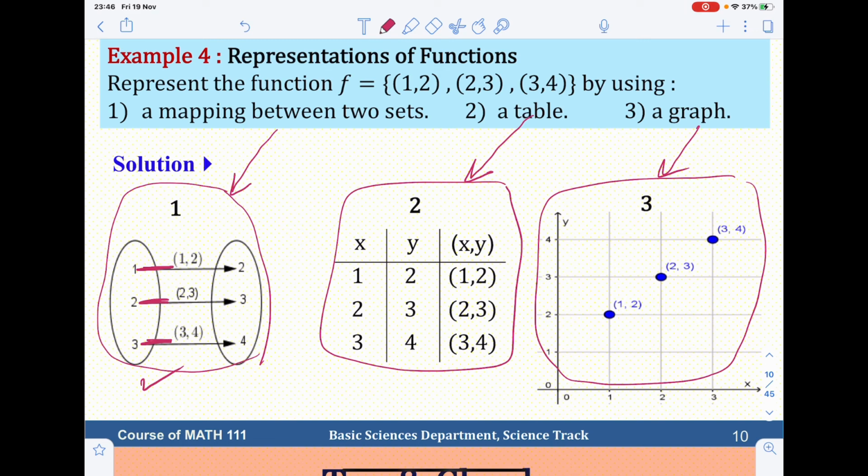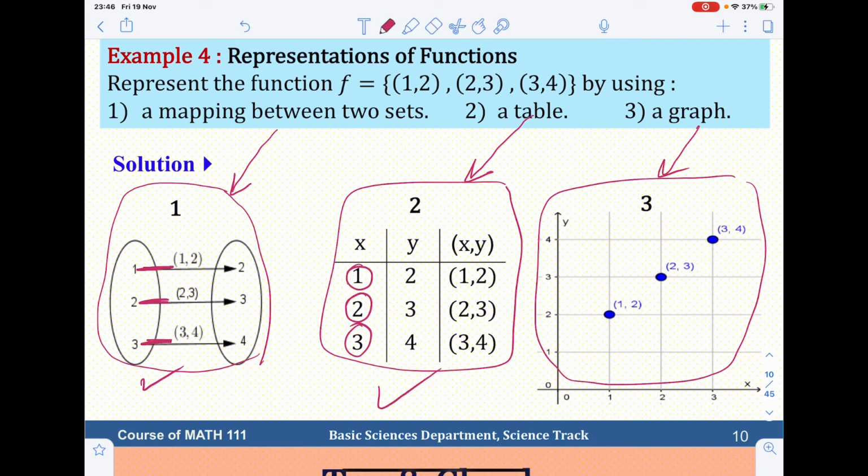Now for the table also, we can see that those elements are totally different. We can't have another one here that corresponds with, for example, 5 or something like that. If it were like that, it would not be a function. But since all the elements in the domain are different, it is a function.